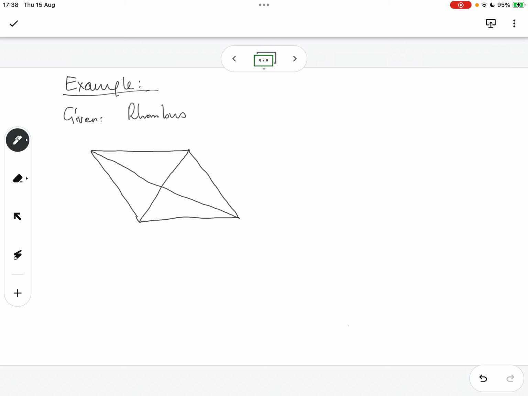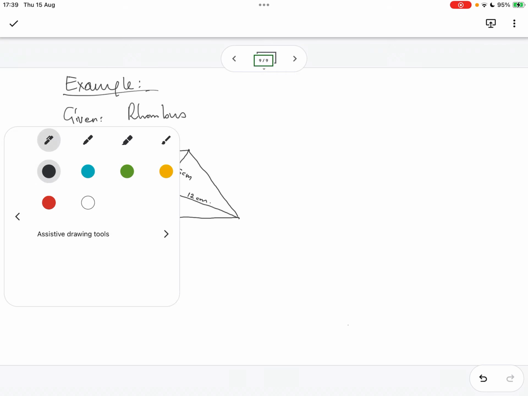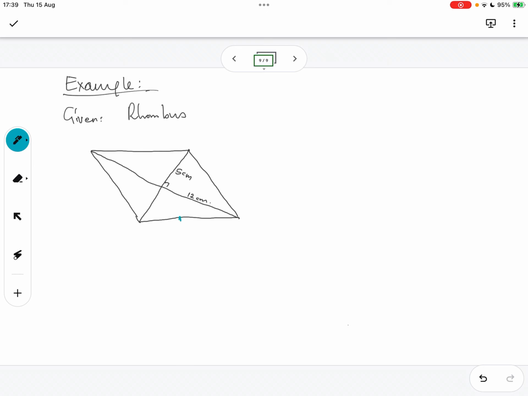All right. And we are only given the distance here, which is 5 centimeters, and the distance there, which is 12 centimeters. Remember, a rhombus has got all the sides equal. That's one.